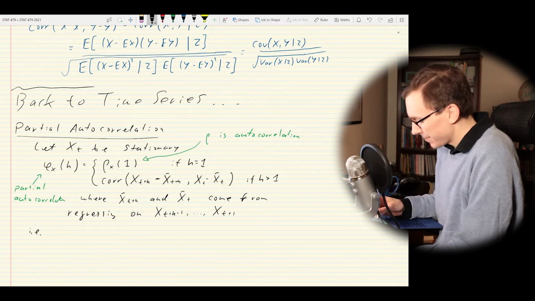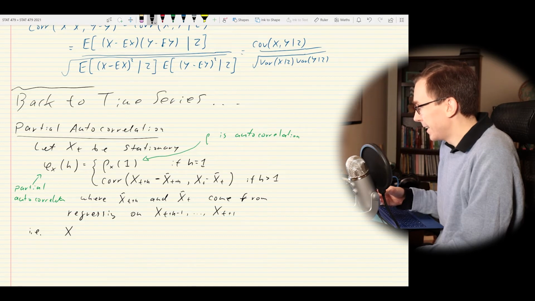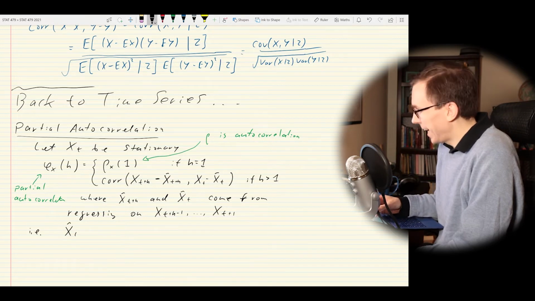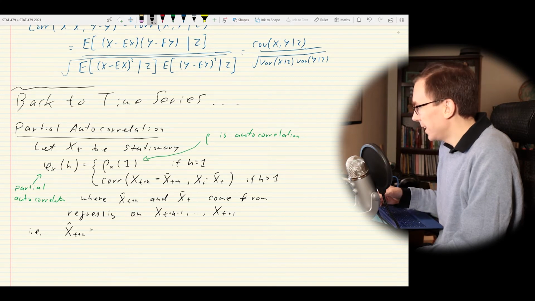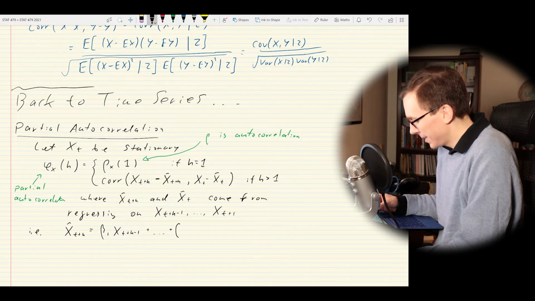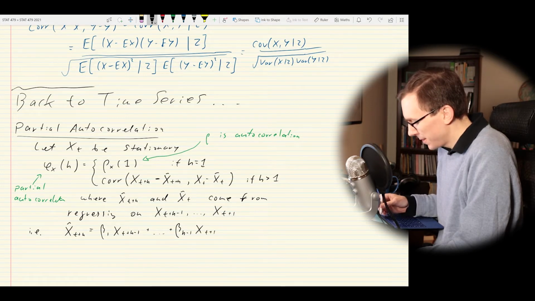So, i.e., we would have two equations. There's an interesting subtlety here, but we have x hat t+h is going to be beta_1 x_{t+h-1} plus all the way to beta_{h-1} x_{t+1}.